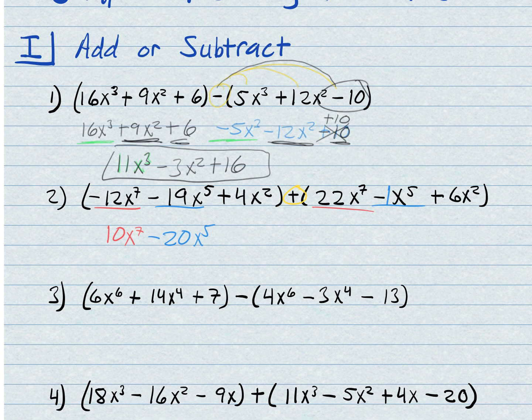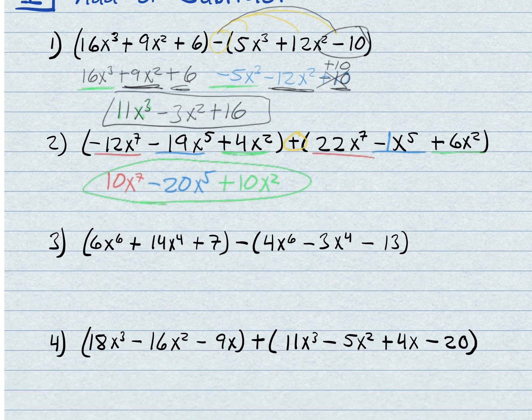And then lastly, I see a 4x squared and a 6x squared. I have 2 terms that have an x squared. I'm just going to combine the coefficients like normal. So plus 10x squared, and this is going to be your final answer. Nothing super crazy here, nothing you haven't seen before.